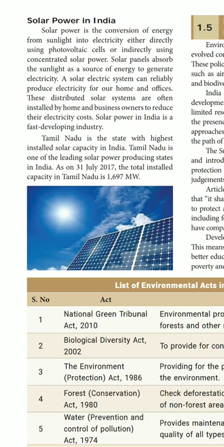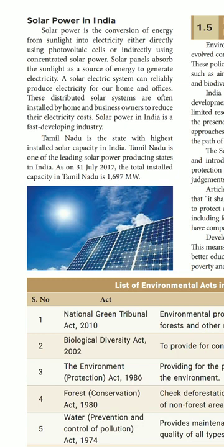Okay. So, what do you know about solar power in India? Solar power is the conversion of energy from sunlight into electricity, either directly using photovoltaic cells or indirectly using concentrated solar power. The solar panel absorbs the sunlight as a source of energy to generate electricity.